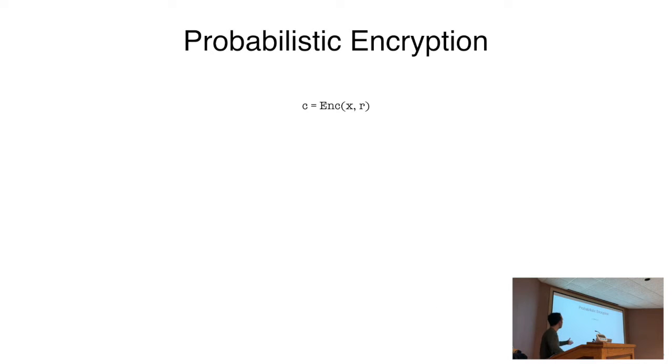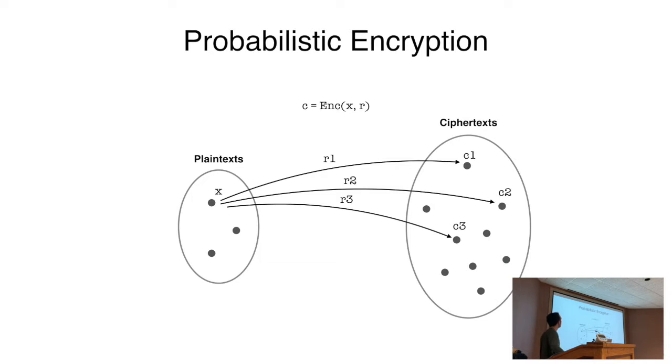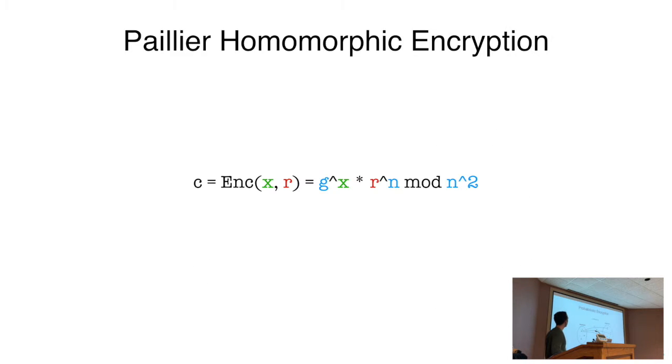So we need what's known as probabilistic encryption, where for each plaintext value, there's a number of possible ciphertext values. So essentially what happens is this set of numbers in the plaintext is going to get much, much larger in the ciphertext, the set of possible numbers that each one could be. How that happens is, this is called a Paillier homomorphic encryption scheme.